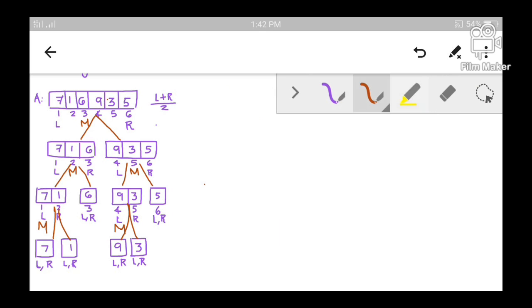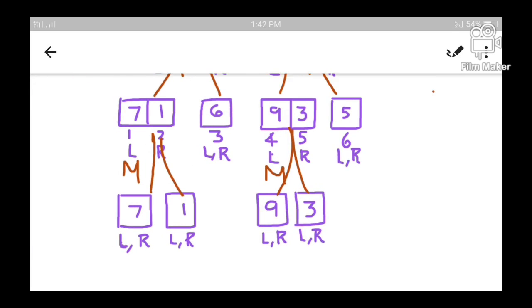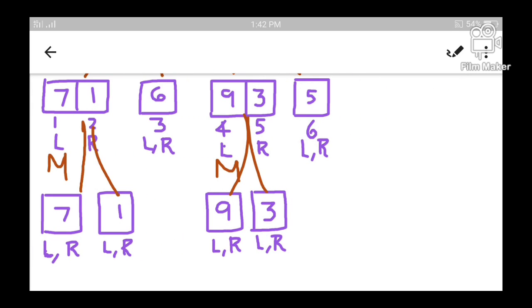Let us begin from the last level. In the last level, we are having 4 arrays, and every array is having only one element in it. Since they are having only one element in it, every array is sorted in its present state.